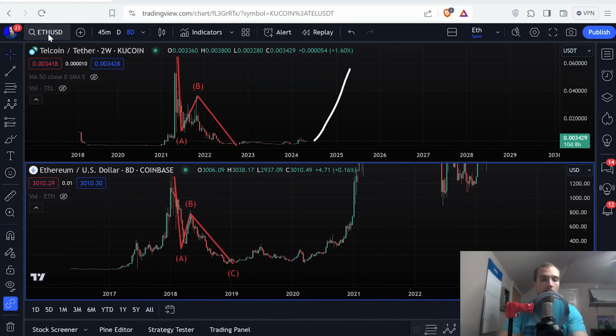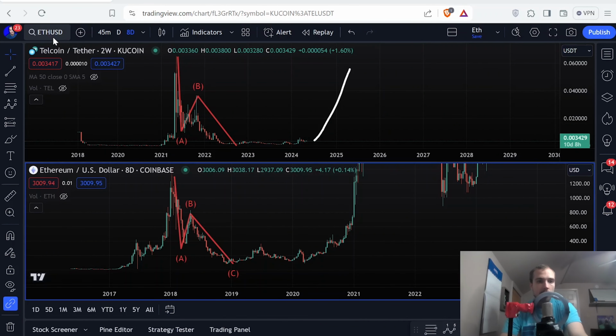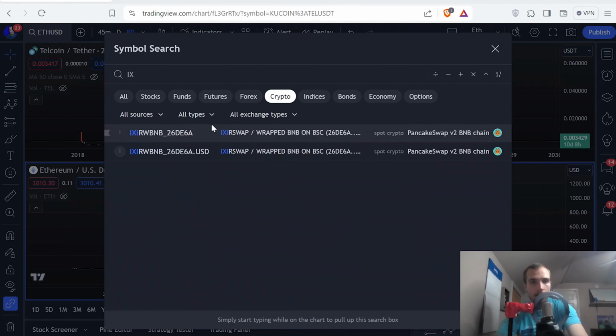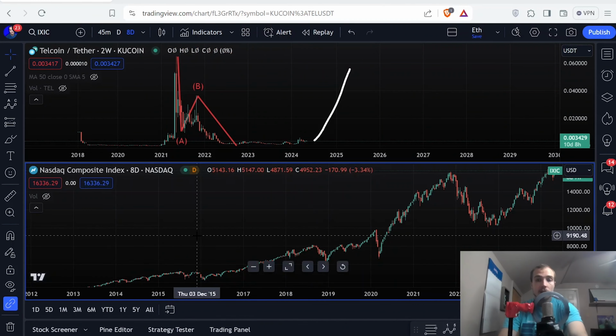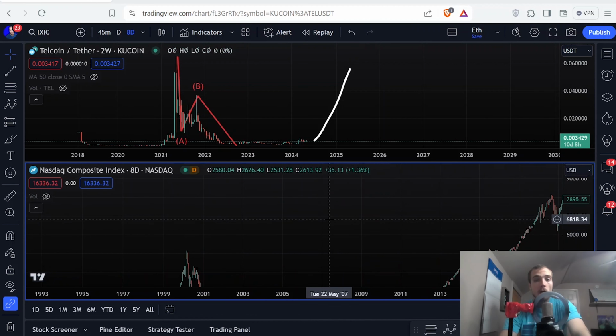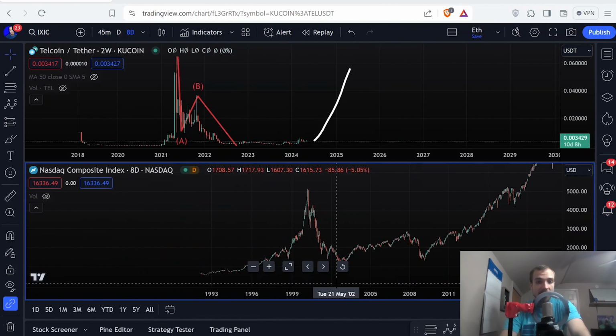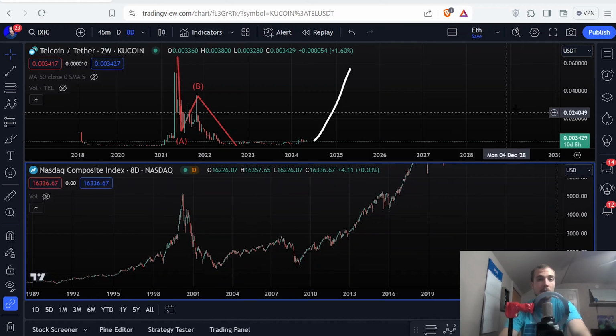All right, so let's take a look at the NASDAQ as well. If you guys don't know, human emotion repeats not only in cryptos, but it also repeats in stocks as well.